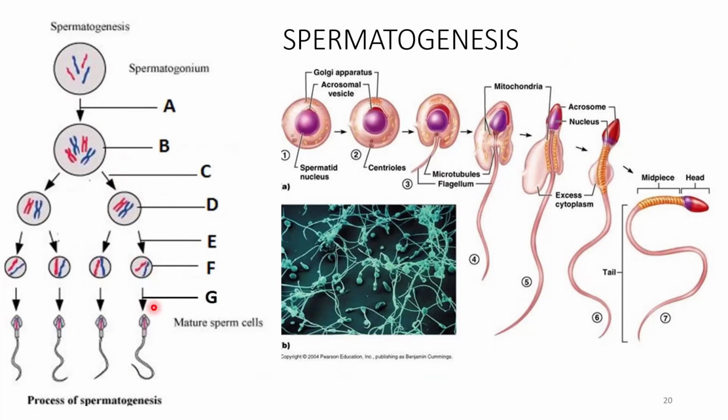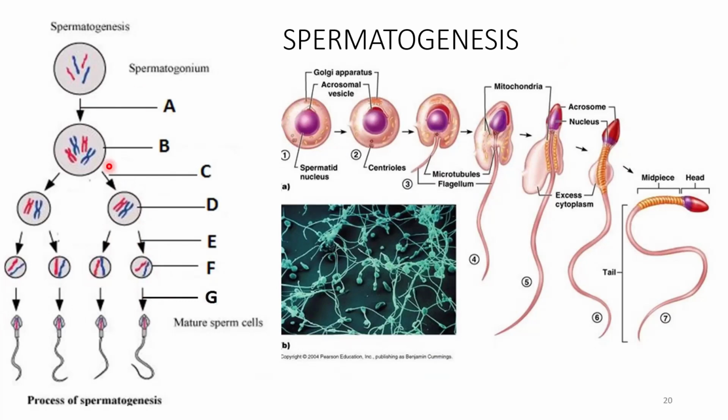Then these are now the process of modification. Then at this point now here we have the second meiosis. So mitosis, first meiotic division, second meiotic division. At this point now we have the modification that is happening. So that is the process of spermatogenesis.